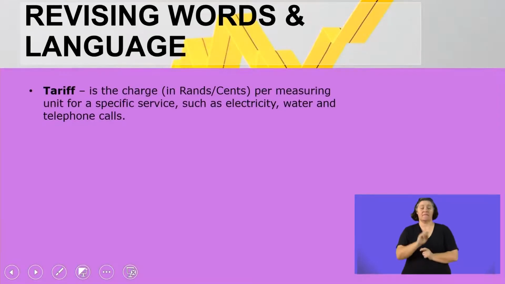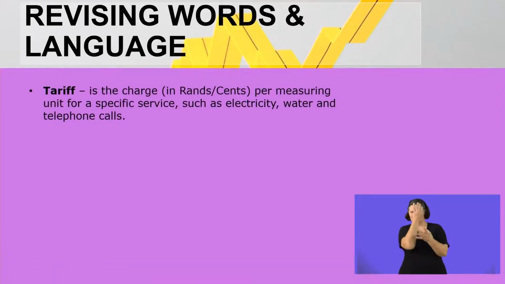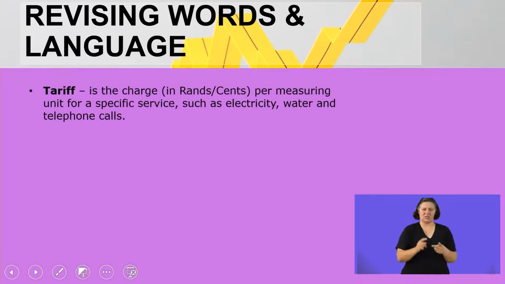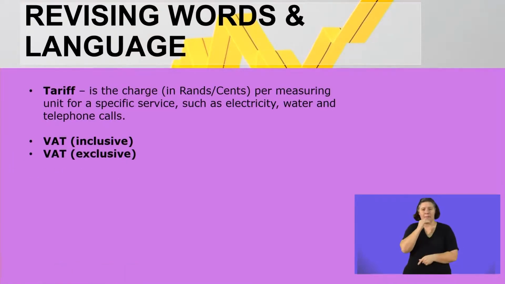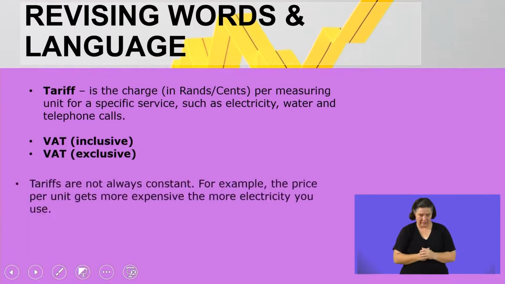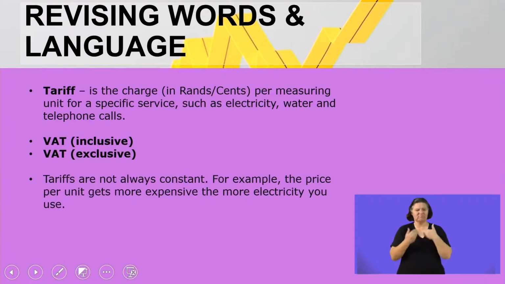The first, I already indicated, a tariff is a charge, either in rands or cents, per measuring unit for a specific service, such as electricity, water, or cell phone calls, right? Then we will be looking at VAT inclusive, where the 15% VAT in South Africa is already included in the price. And then obviously we'll also be looking at VAT exclusive. Okay, so those two we'll be focusing on as we move on with the lesson.